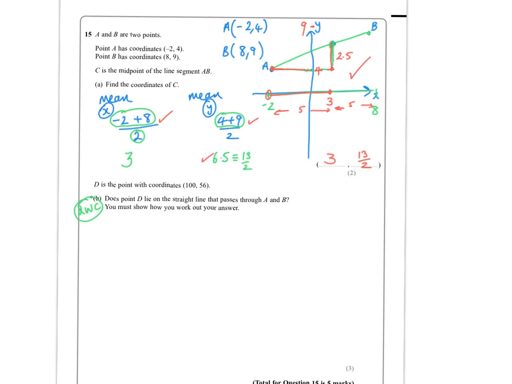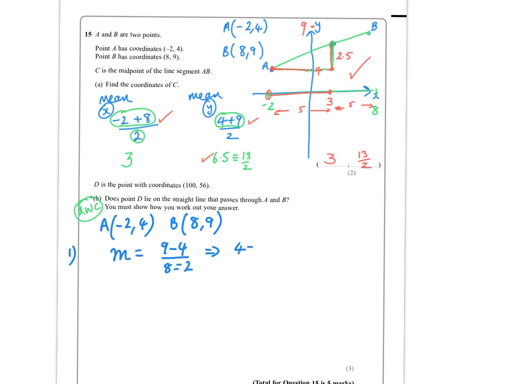That's one method. So if we know it goes through -2, 4, and it goes through B, which is 8, 9. This is just one way of doing it. We could say the gradient is the change in y over the change in x, so we can do 9 minus 4 over 8 minus minus 2, or we could do it the other way round, as long as we do it the same for both.